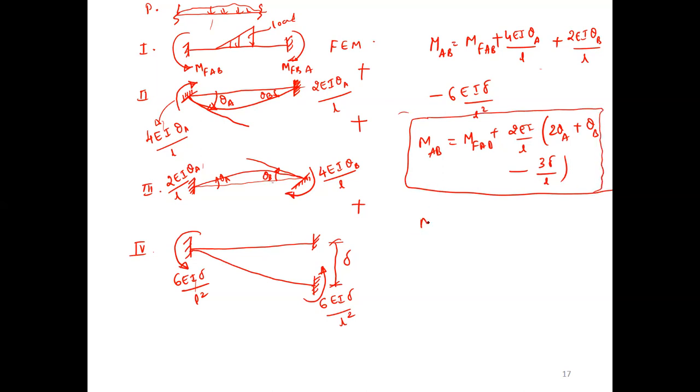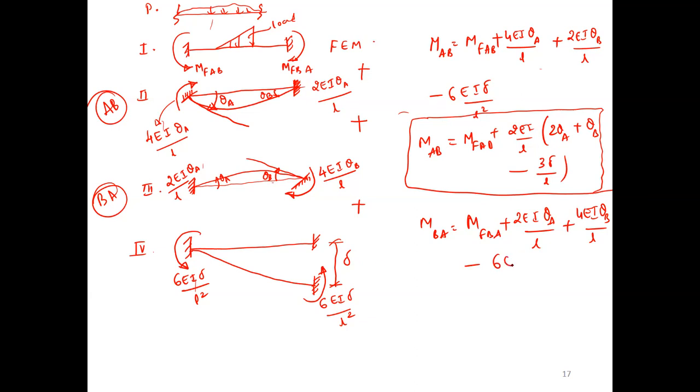Similarly for MBA equals MFBA plus the BA member. This is the BA member, and this is the AB member. For BA, 2EI theta A divided by L plus 4EI theta B by L, minus 6EI delta divided by L square for the anti-clockwise case.